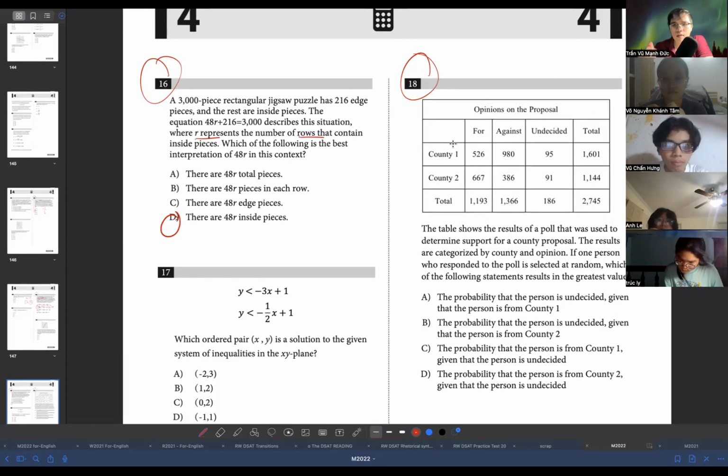The table: if one person who responded to the poll is selected at random, which of the following statements results in the greatest value? So you're going to have to calculate every single one of them. Firstly, A, the probability the person is undecided, given that the person is from county 1. How are you going to calculate A?